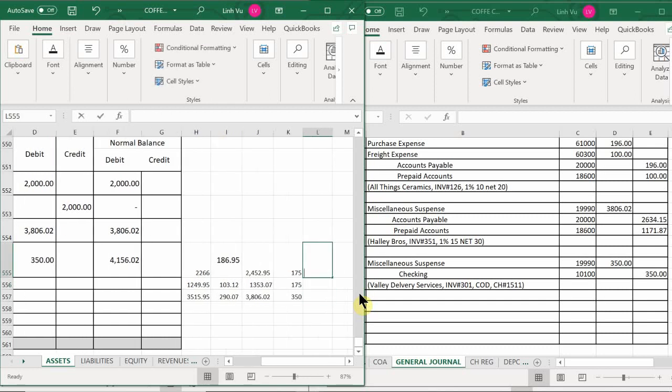So my coffee brewer is going to be this plus my shipping, which gives me a total of $2,627.95.